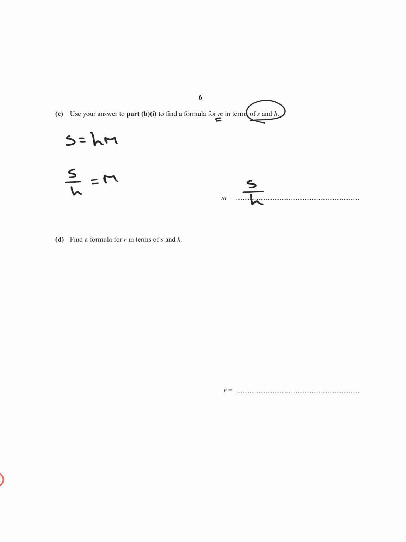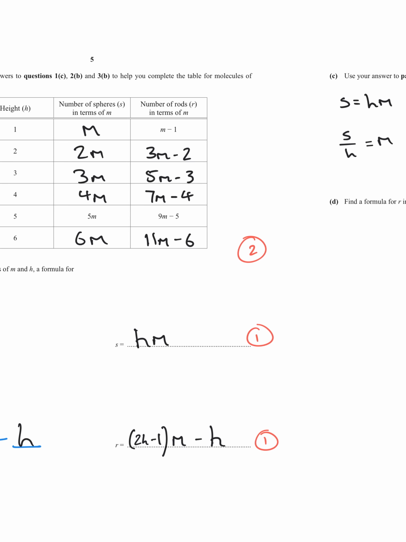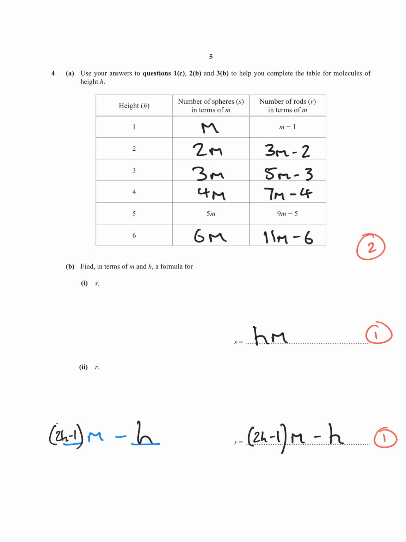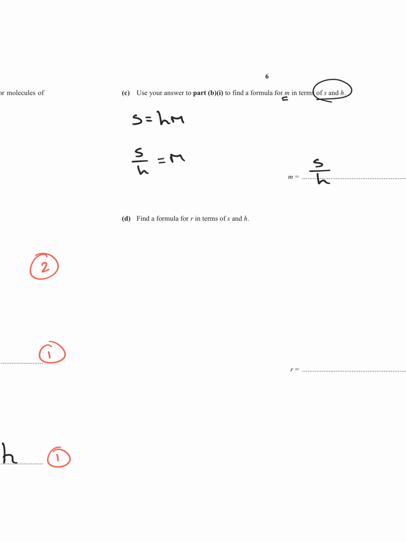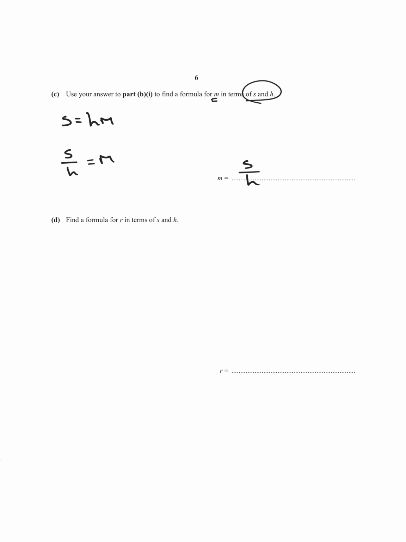Part D then asks us to find a formula for r in terms of s and h. Okay, so let's have a look back at what we've got. R, s and h is what we're looking for. R is this one down here, but we want it in terms of s and h. So let's go back. I'll copy it out again.